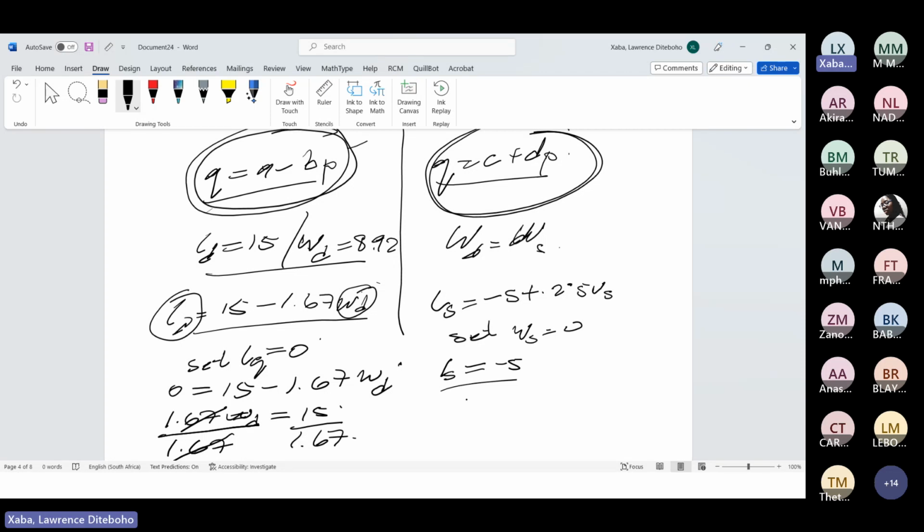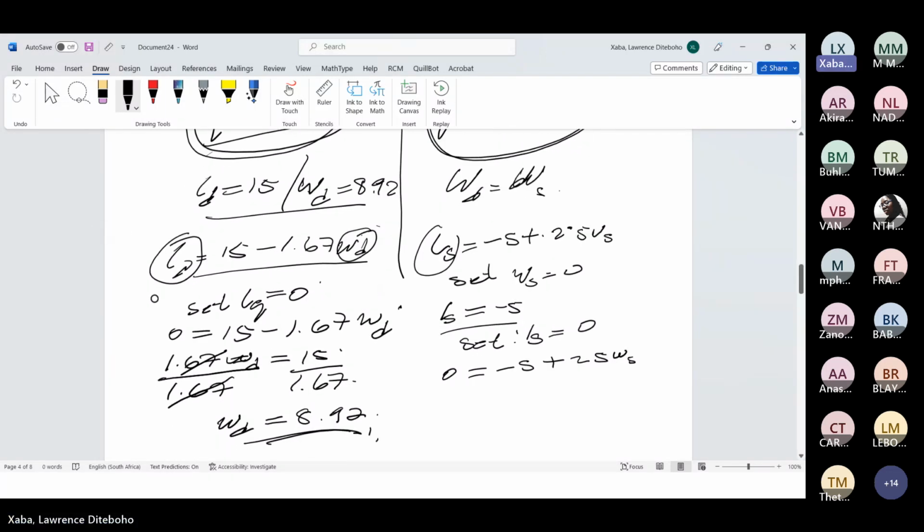Then we say, okay, this time around, we are setting L subscript S equals to 0. When we do that, we end up having 0 equals to -5 plus 2.5 W subscript S. And when we take it to the left-hand side, we have -2.5 W subscript S equals to -5.